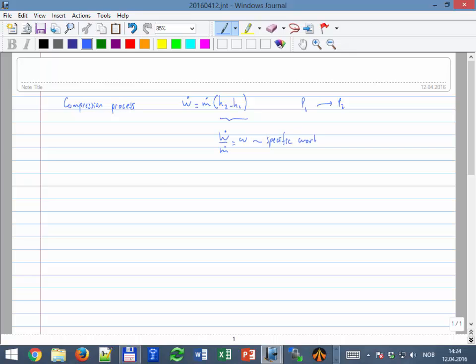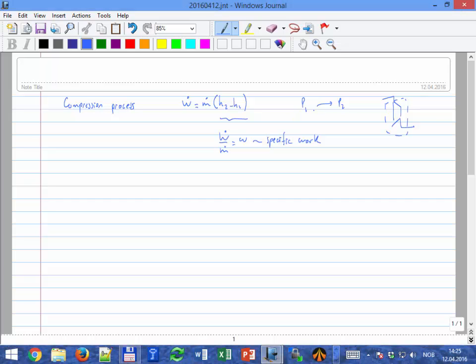It's just work or energy divided by mass, or if we have a steady state system where we have mass entering and leaving the domain, we can do the same thing but with power and mass flow.